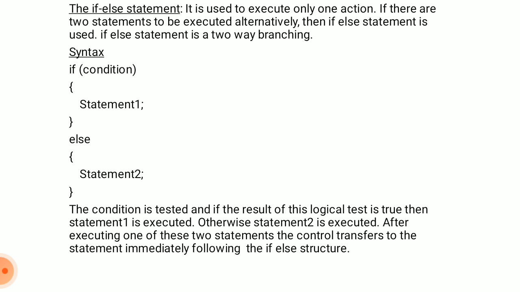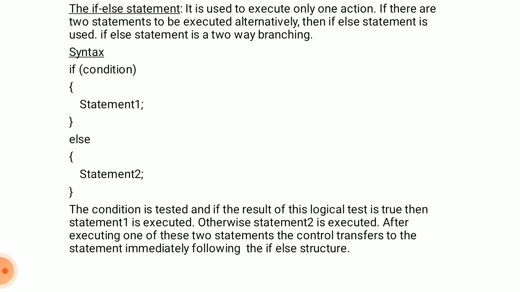In this video we will discuss what the if else statement is. It is used to execute only one action. If there are two statements to be executed alternatively, not both at the same time, then the if else statement is used rather than the if statement.